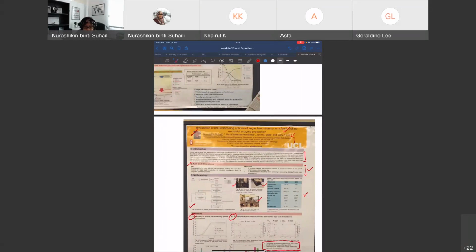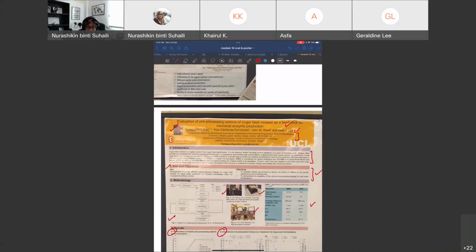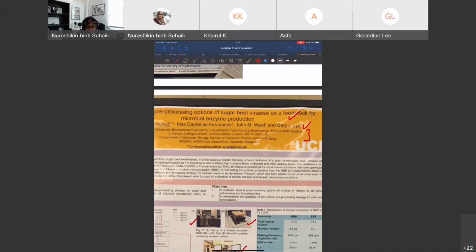This is the affiliation. Oh yeah, I forgot to mention the corresponding author. After the affiliation, there must be a corresponding author. Here you should state the email address and who the corresponding author is. So let's say you are doing your FYP under the supervision of your supervisor. Actually the project belongs to your supervisor, and the main idea comes from your supervisor.